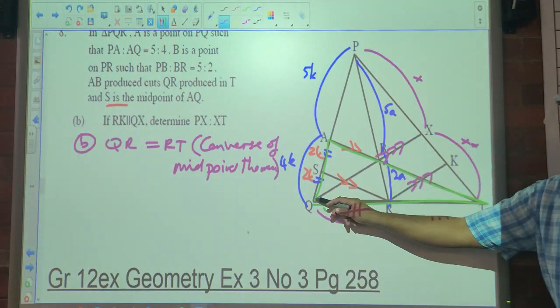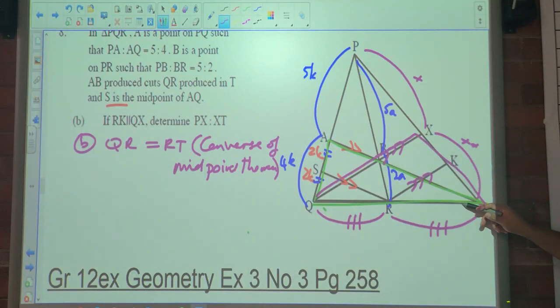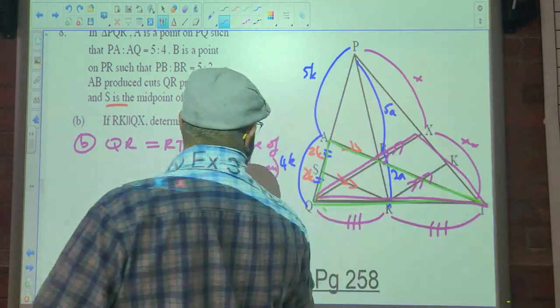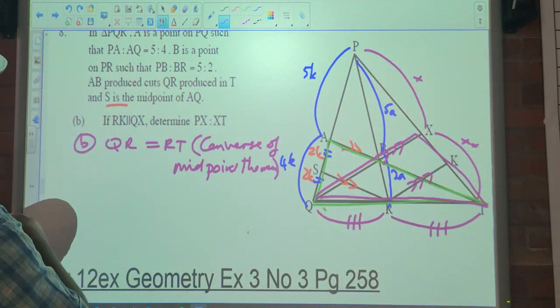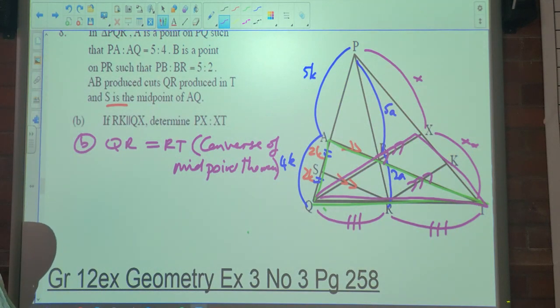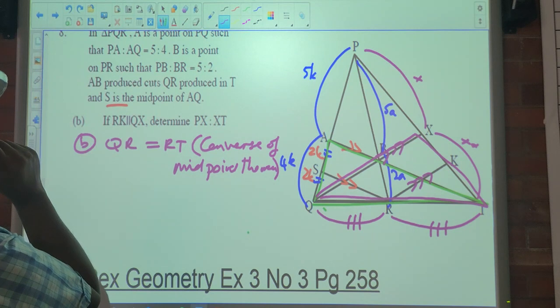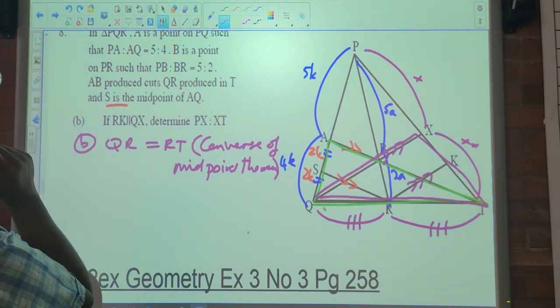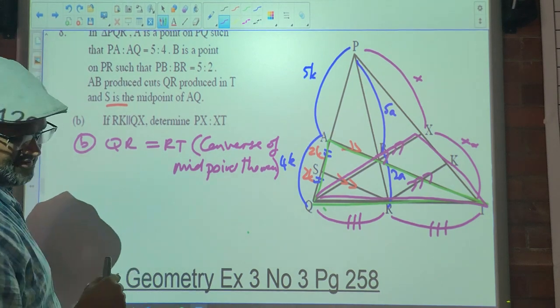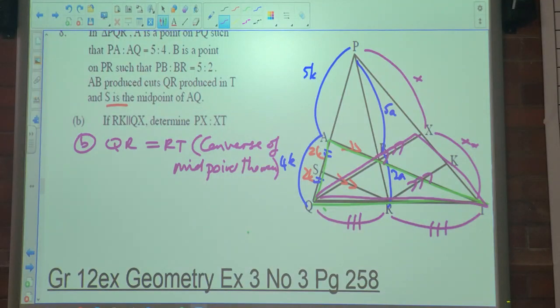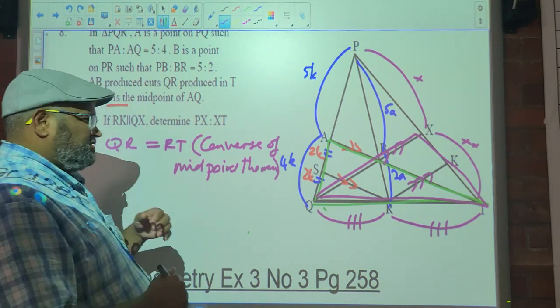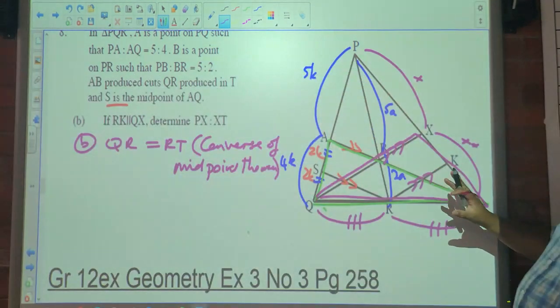Now looking at this triangle here, I'm just going to highlight this triangle for you. I need to stand back because this diagram is overpopulated.